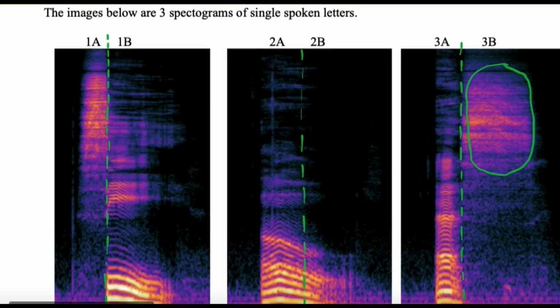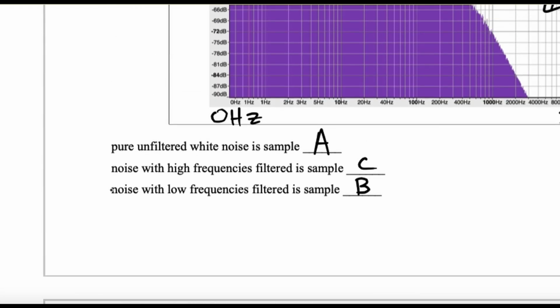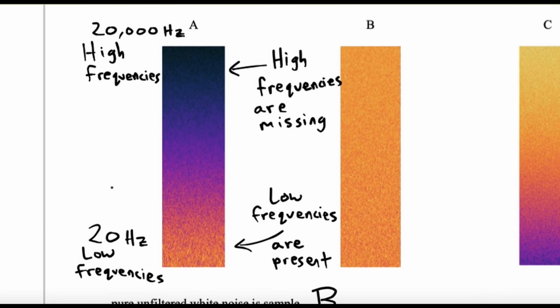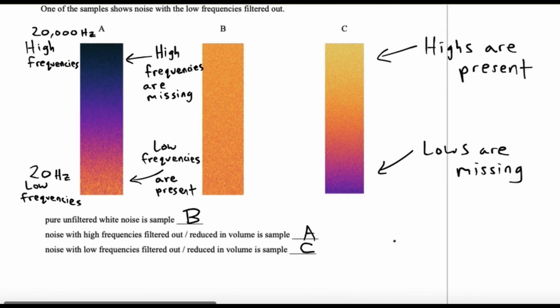And then also this region right here, also similar to high pass. You could compare it to the drawing above. Which one shows high pass? A, B, or C? Yeah, this is like a high pass filter on white noise.